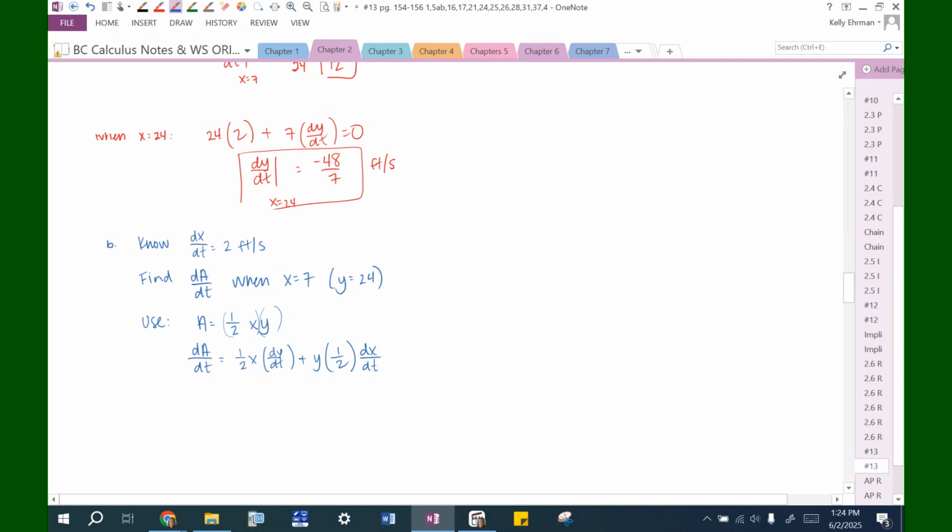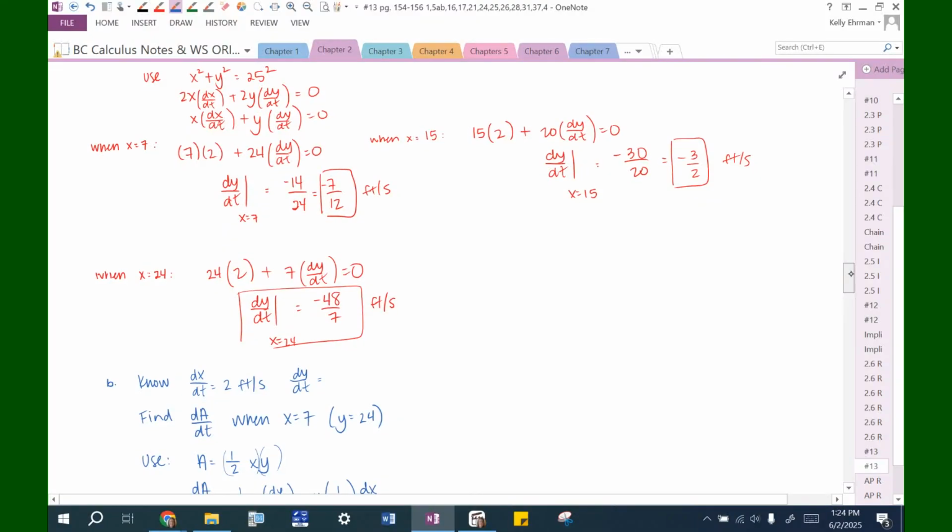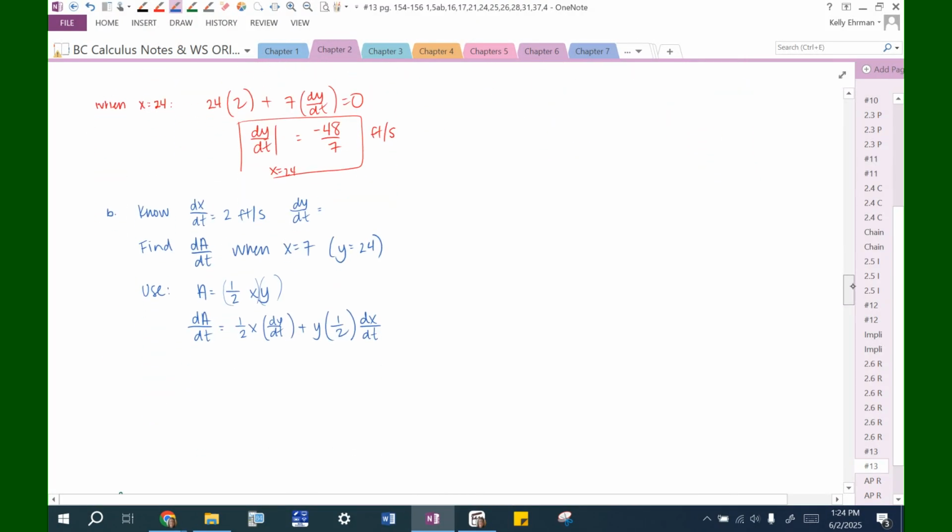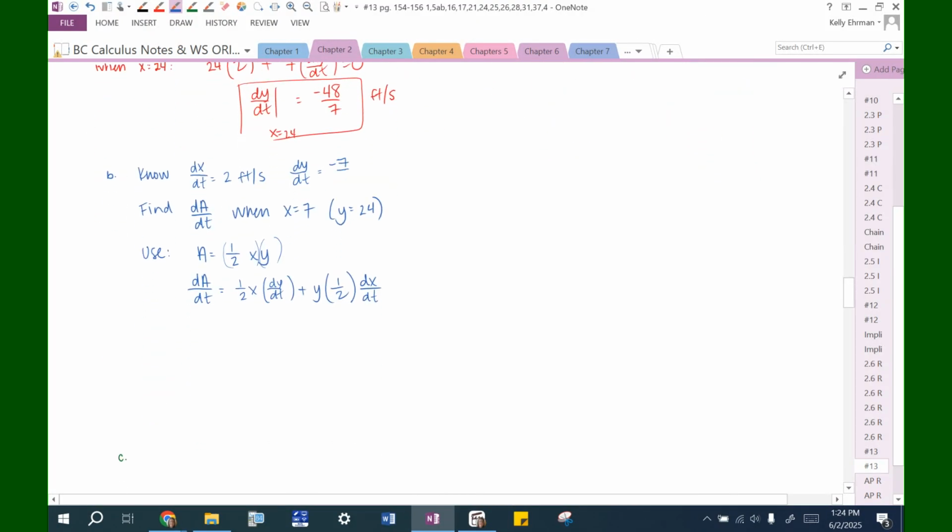So remember, we also actually know that dy dt, we just found this from part A. It's equal to, what was it when x was 7, dy dt was negative 7/12. I'm going to need that from part A, because I needed something to fill in here.